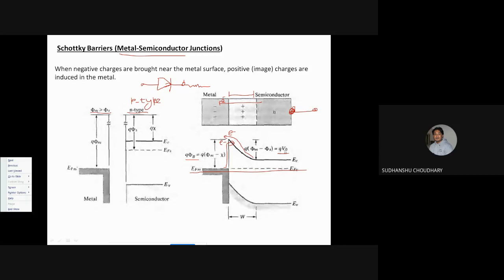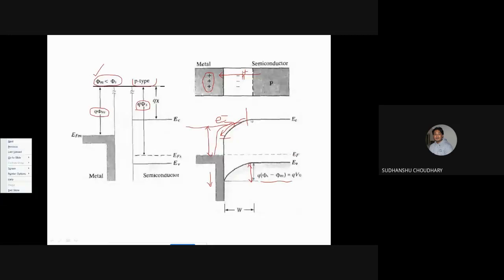The application of forward bias will reduce the barrier. Let's say VF is the forward bias voltage which is applied. The barrier potential will reduce with the applied forward bias. But since there is a barrier here, it is undesirable, because one needs to apply a bias equal to or more than this barrier potential for the device to conduct.